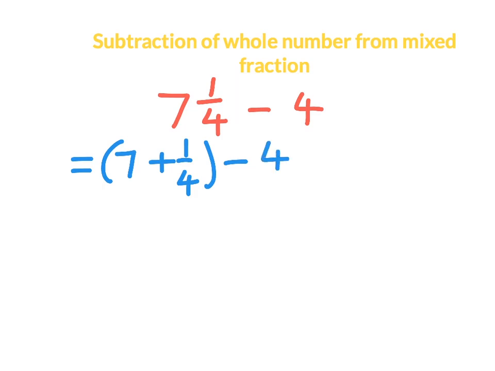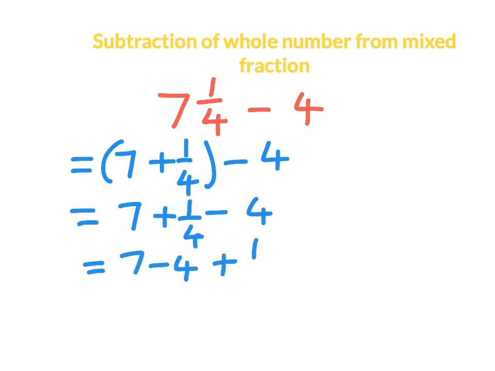So we can open up the bracket and say this is 7 plus 1/4 minus 4. So we can go on to say this is 7 minus 4 plus 1/4. Okay, and then the 7 minus 4 is going to be 3 plus 1/4. That gives us 3 1/4. Okay, that's one possible way.